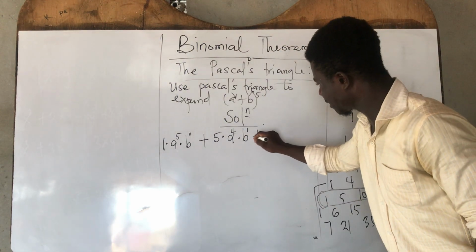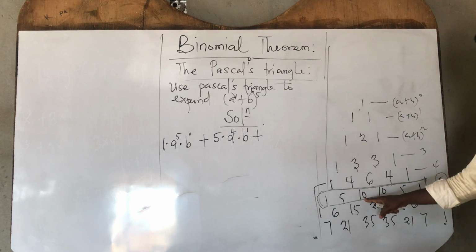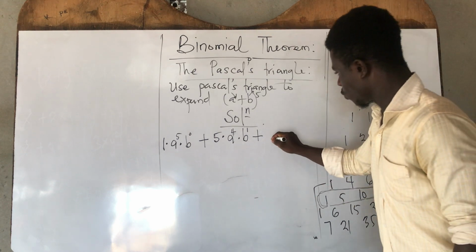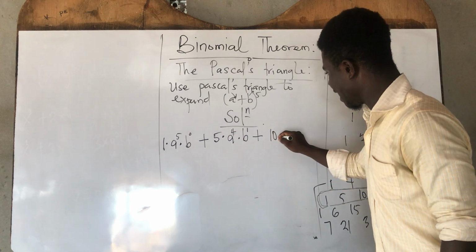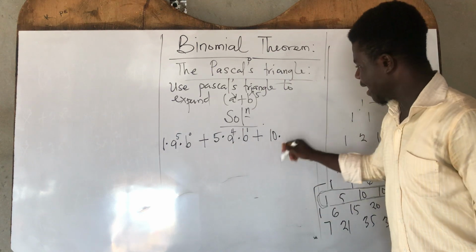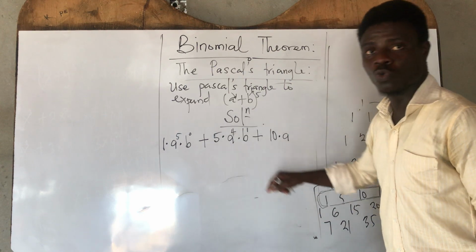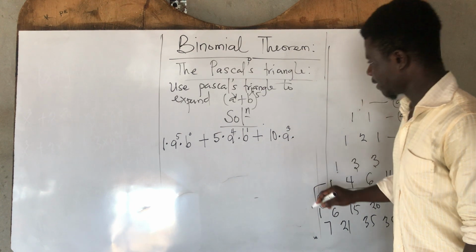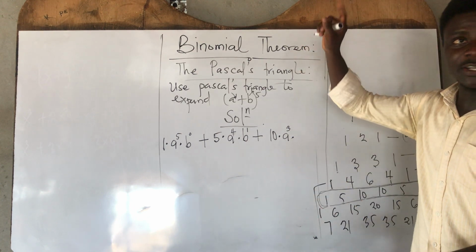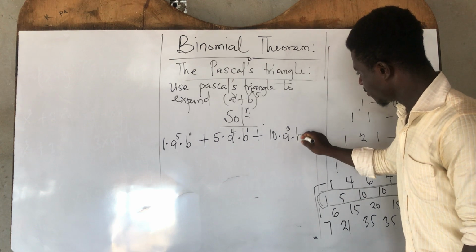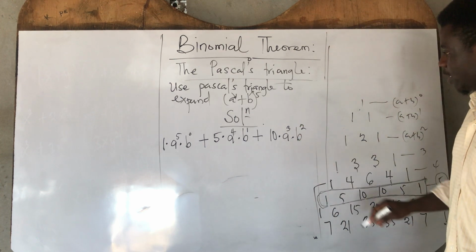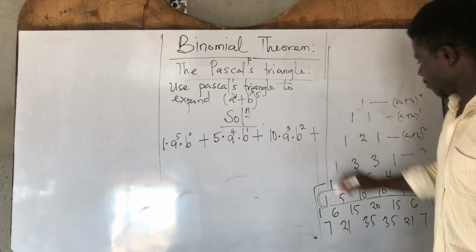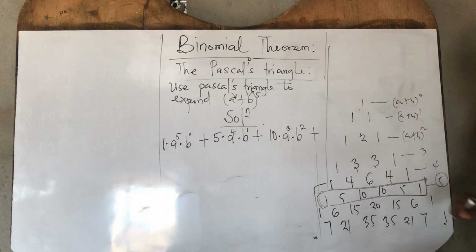Then plus the next coefficient, which is 10. So 10 times the same a, it is decreasing, so it will move to 3. Then times this b, increasing, so it will be b to the power 2.